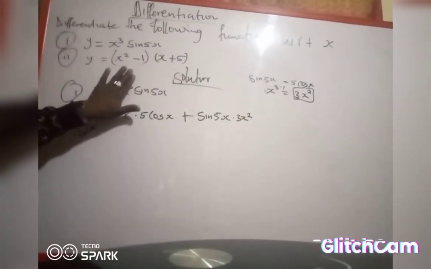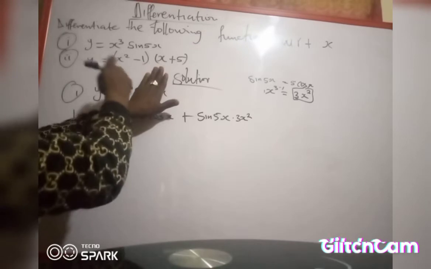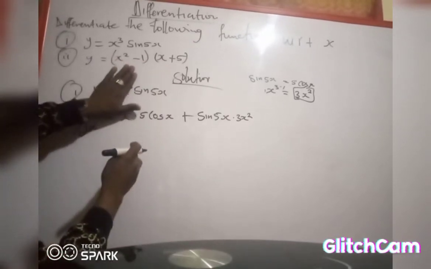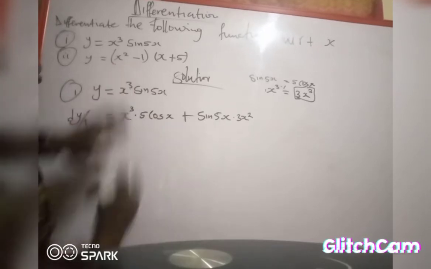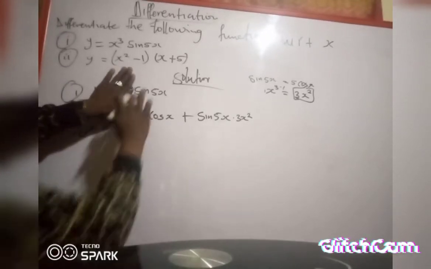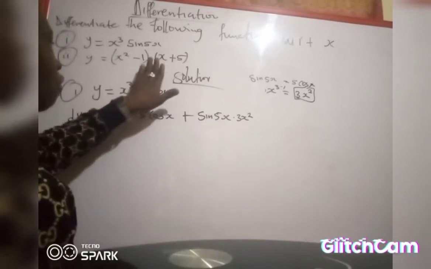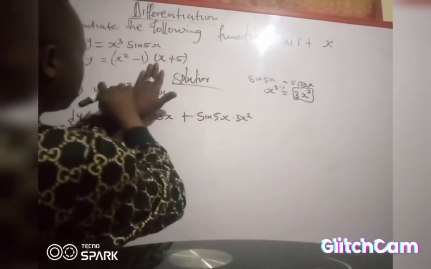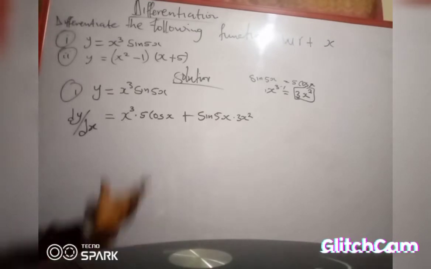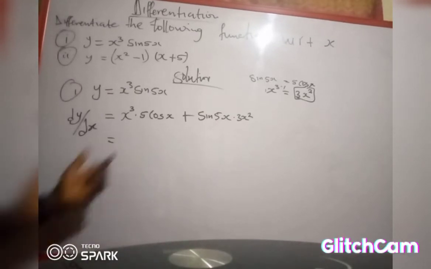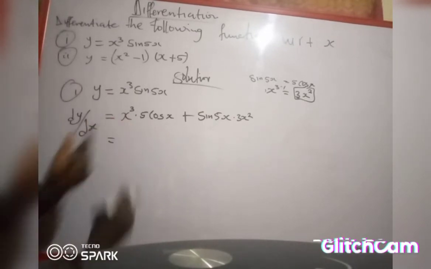So you hold this, copy s cubed, then cover this one, differentiate sine 5s, then plus, you hold this one, copy sine 5s, then cover this one, differentiate s cubed. So this is what we did here. We can go further.